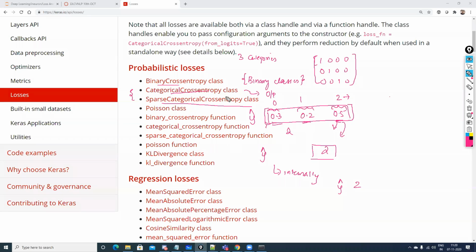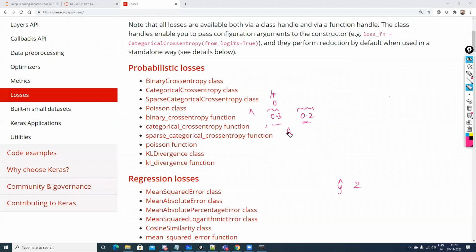Binary, you have understood it. Obviously in binary we are going to get the binary class. Now here you can also see that we have something called mean squared error. Let me just write it down for you.